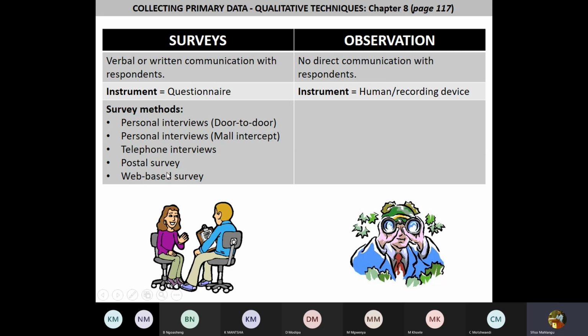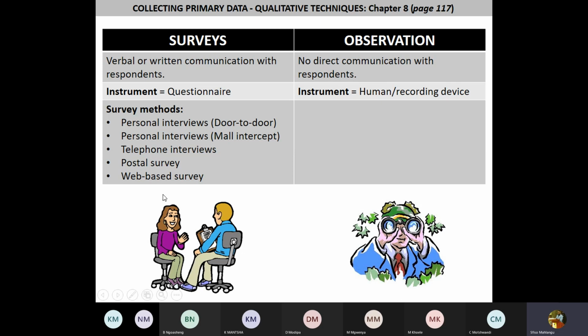So with the postal survey, mail survey, what we understand here is that this is a method whereby you send a questionnaire. So obviously it's about communication. You can imagine the time it will take with South African Post Office delivery and so on, but it's still relevant.